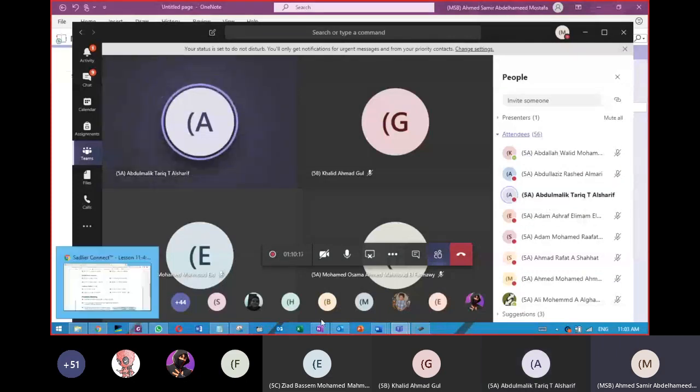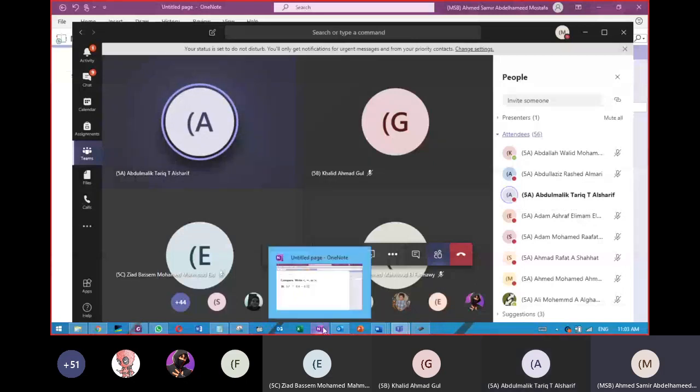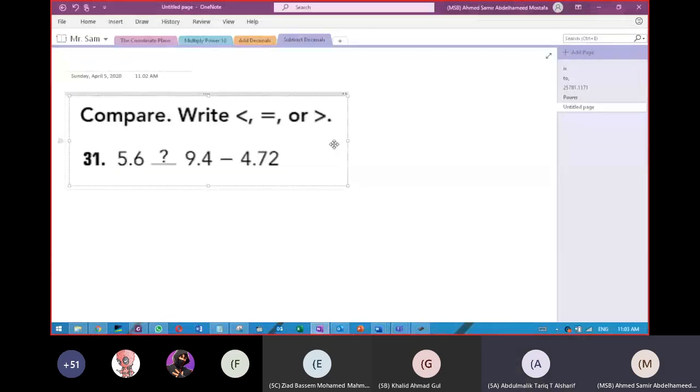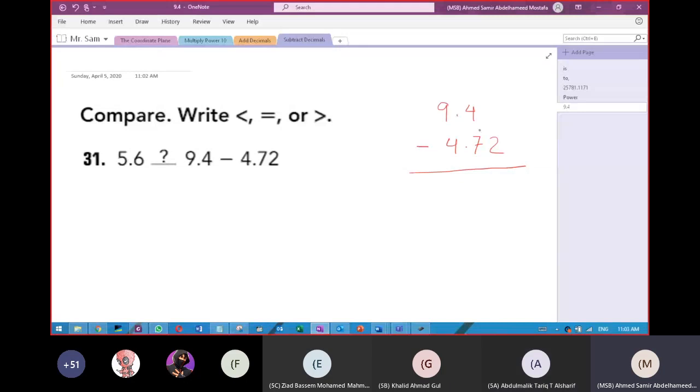Okay, we have here 5.6 is bigger than or equal or less than 9.4 minus 4.72. Abdul Malik, I'm helping you here, so you need to help me quickly. We're adding 0 here. 0 will not be able to be subtracted by 2, so you'll borrow from the 4.